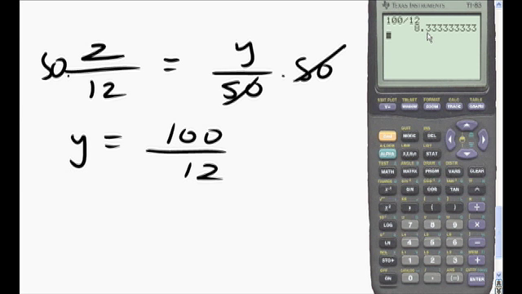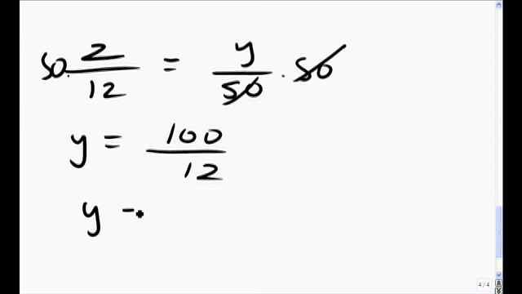The answer is 8.3. 8.3 tablespoons of sugar are required for 50 cookies.